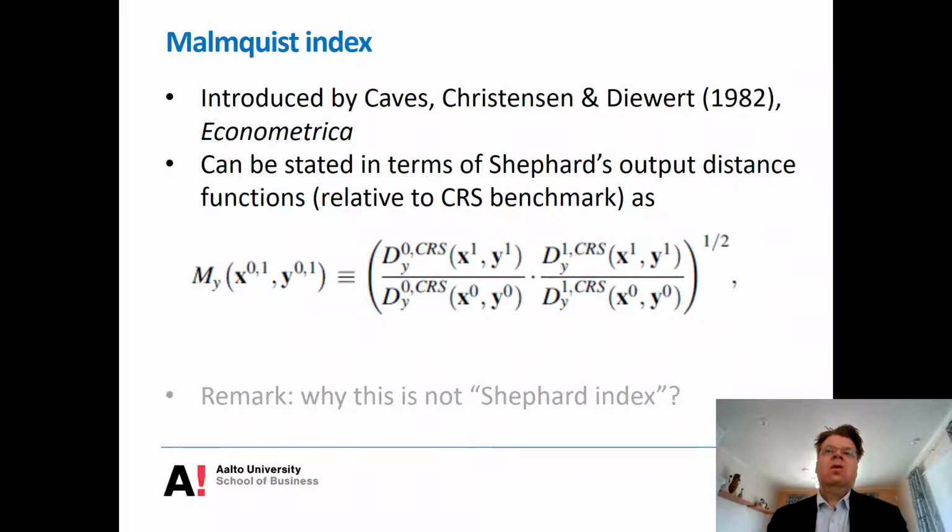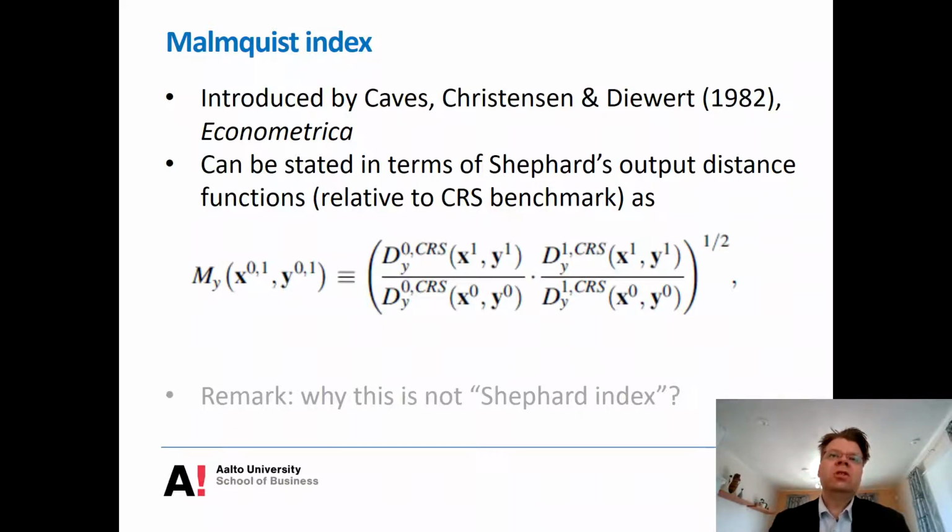And notice that it also is similar to this Fisher index in the sense that it uses a geometric mean. And this geometric mean refers to the distance functions evaluated against the technology of the base period 0 or the target period 1.